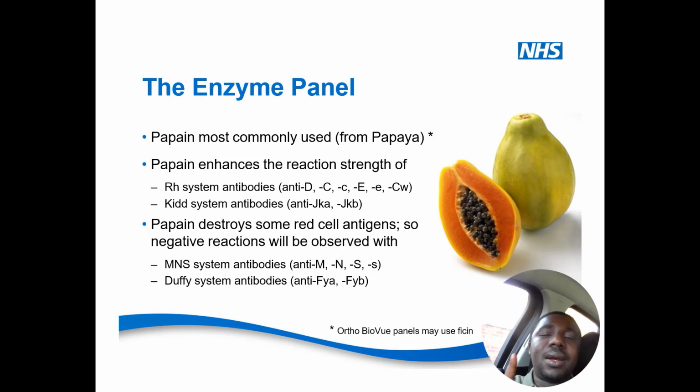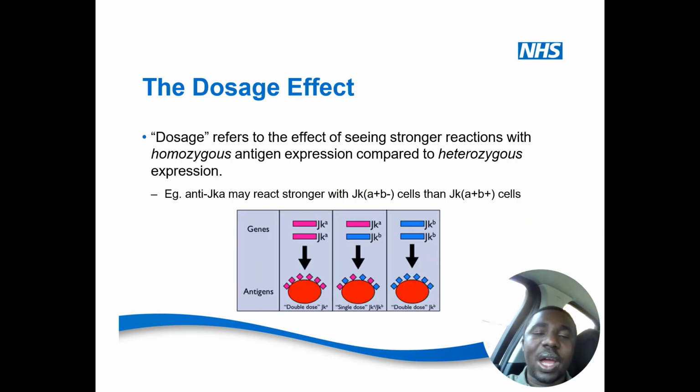But remember that we'd already mentioned in part 1 that these enzyme panels can destroy some antibodies, while they can also enhance some antibodies. And these are the examples, and we had already looked at that in detail during part 1. So anyway, let's go ahead with what we are here to do.